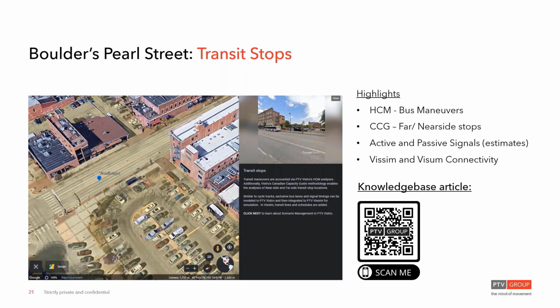You can also use that for transit. And of course, take advantage of the Visum connectivity from Vistro. If you go into Visum, for instance, you can add your bus routes to the model quite quickly if you already have that geometry in place.